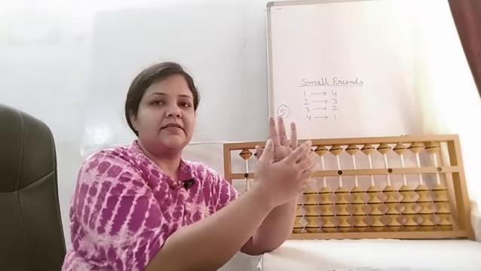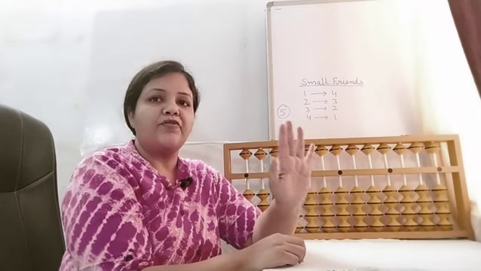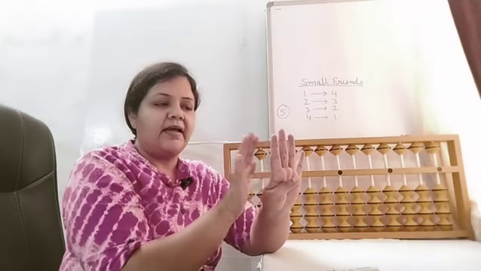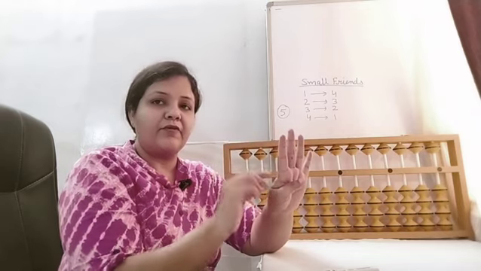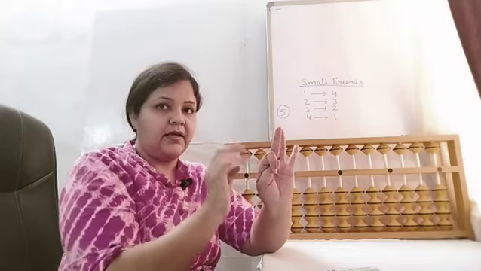How can we remember small friends? We can remember using our hand. We have 5 fingers, so we'll take these as the main number. If I want to find the small friend of 1, fold that one finger and 4 is left. So the friend of 1 is 4. Small friend of 2 is 3.